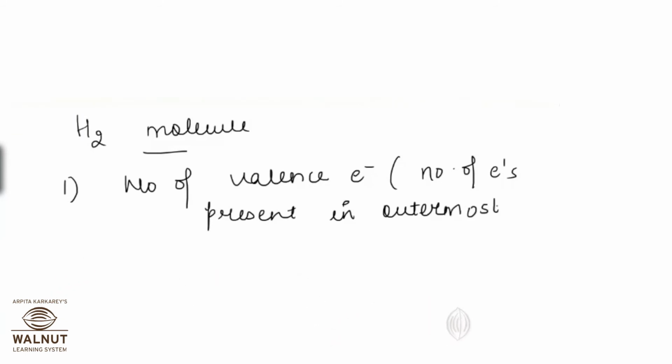In certain cases they are the same, but not in all cases. So the number of electrons present in the outermost shell is the valence electrons. Now there are two hydrogen atoms, right? So I will write it like H. Now, what is the count of valence electrons in the case of hydrogen?